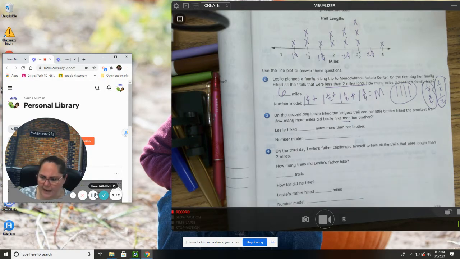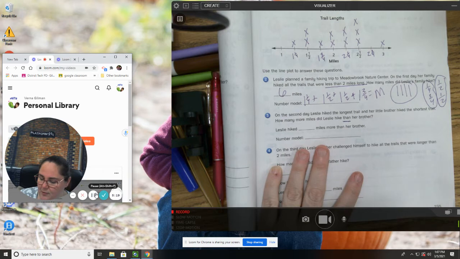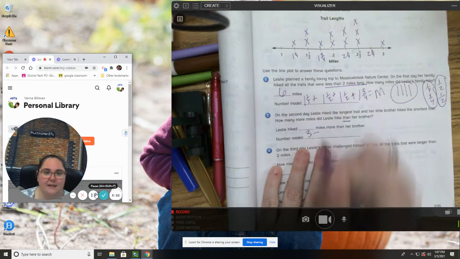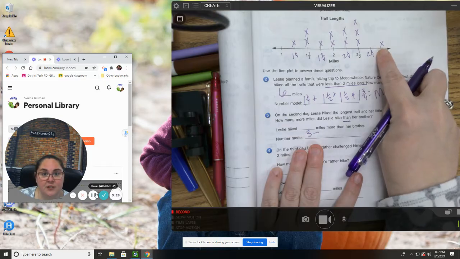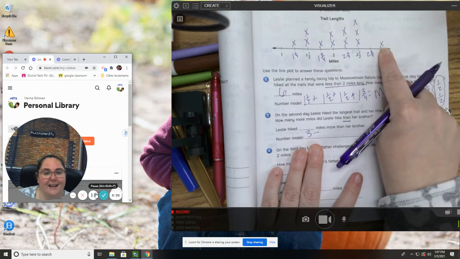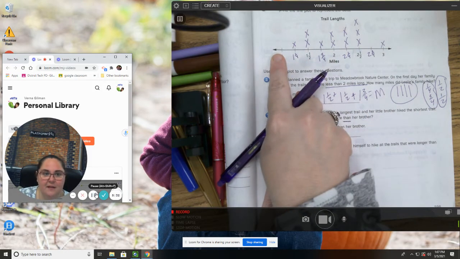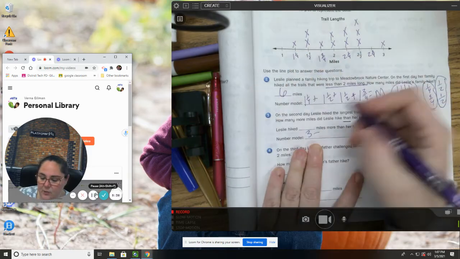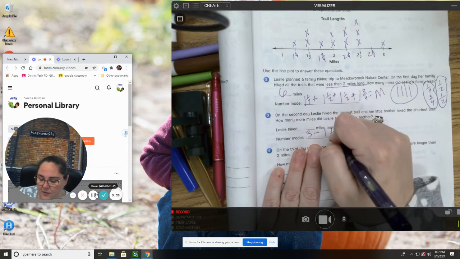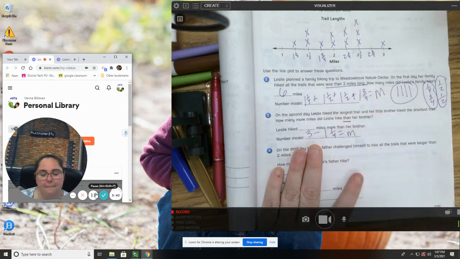So I'm going to subtract. My number model would be 3 minus. So she hiked the 3. The reason why I chose 3 is because that's my biggest X. He did not hike 1. There's no X there. He hiked this one. This is the shortest trail that there is. So we're going to do 3 minus 1 and 1/4 equals M.